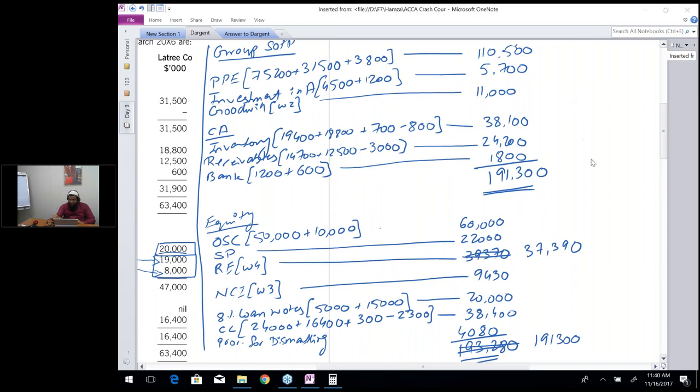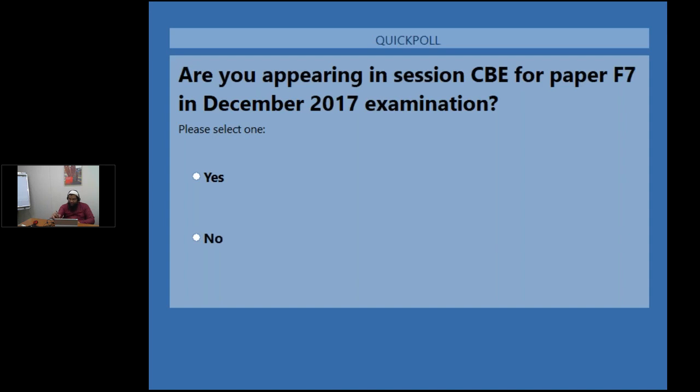Okay, now there is a question from all of you. I'm posting a poll relating to that whether you people are appearing in the CB format or the manual format. So are you people appearing in session CB for paper F7 in December 2017? So you have to mark it either as yes or as no. Cooley, you have to mark in the screen that you can see.